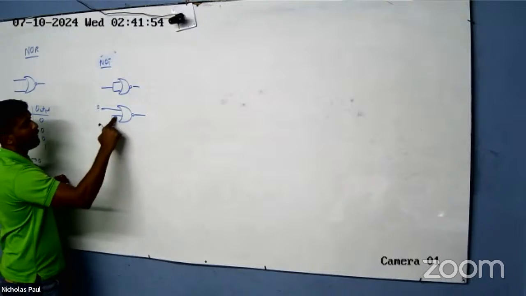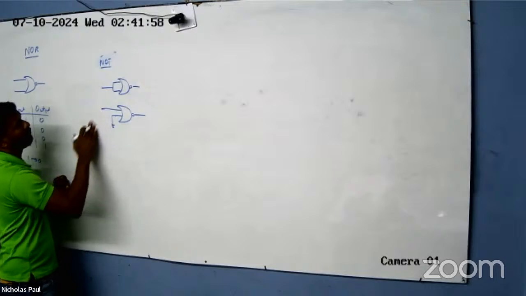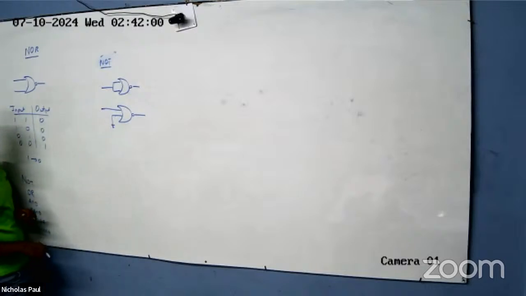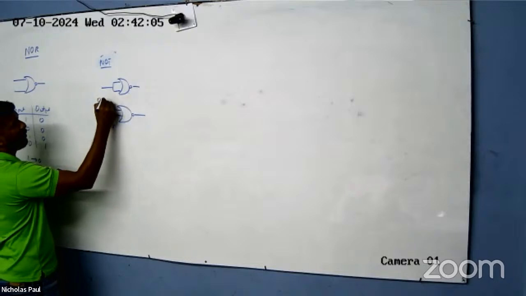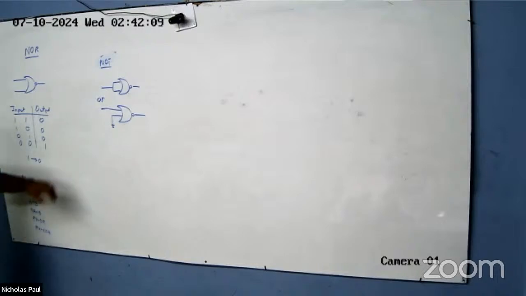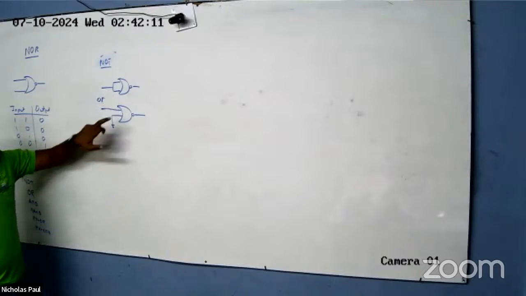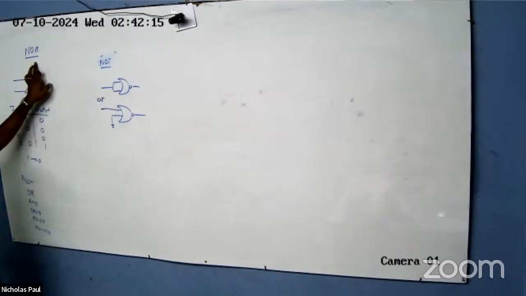Right? So either one could work as a NOT gate. So if you see this in a circuit, there's a NOT gate, right? And they are made from NORs.